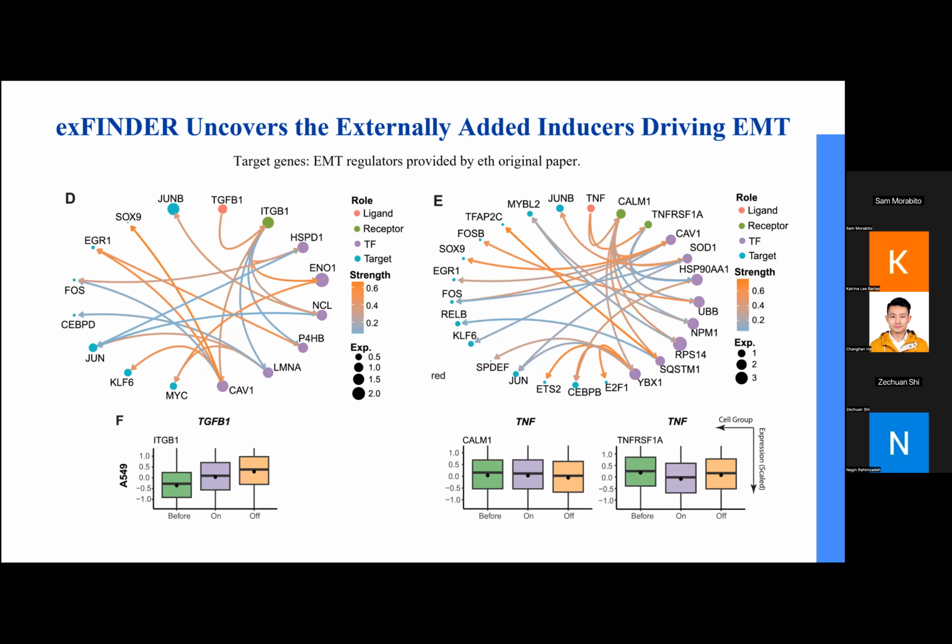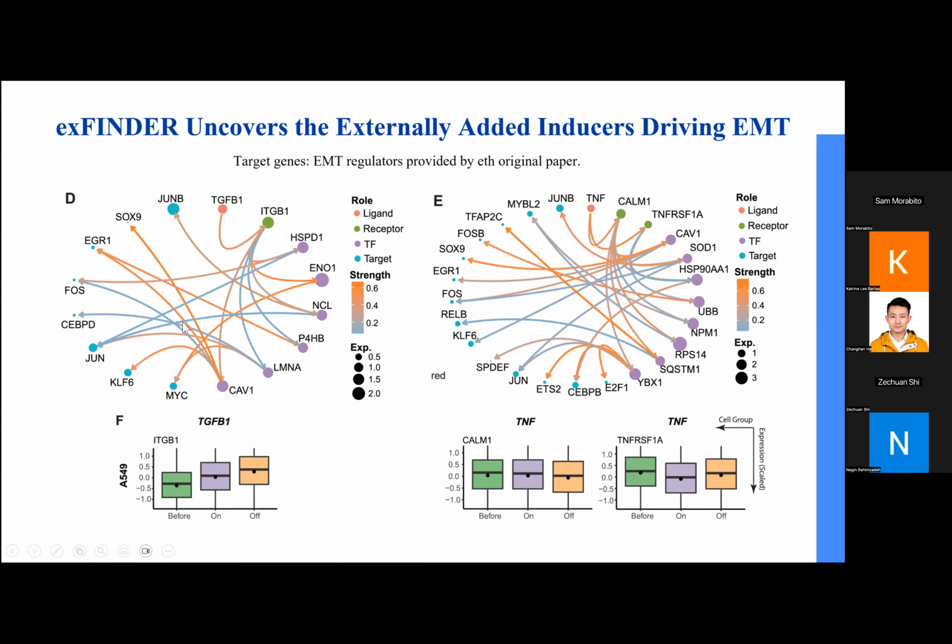For the A549 dataset, the target genes are the EMT regulators provided by the original paper. It's a typo here. So we use these EMT regulators as our target genes, and we present 2 cases here. We have more in the paper.